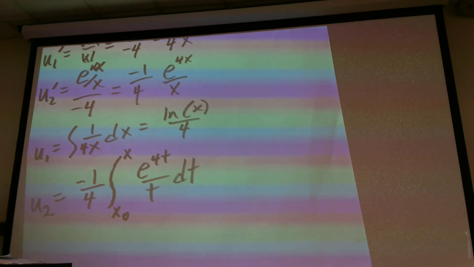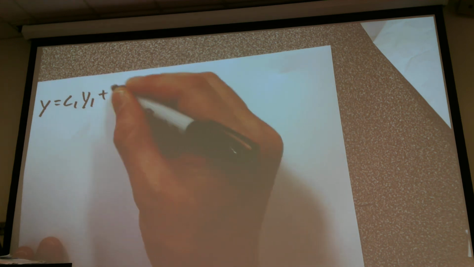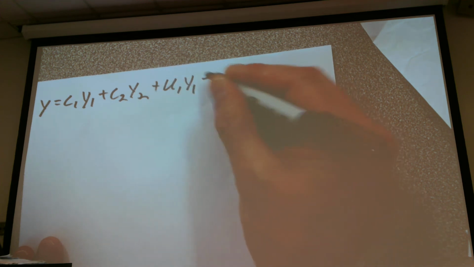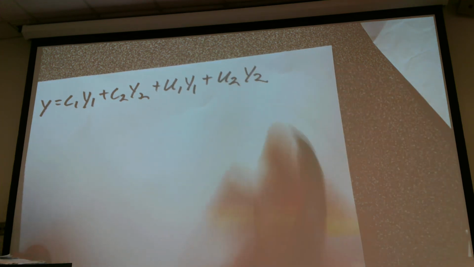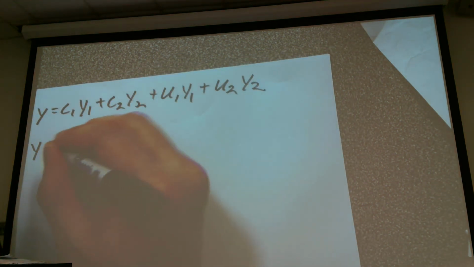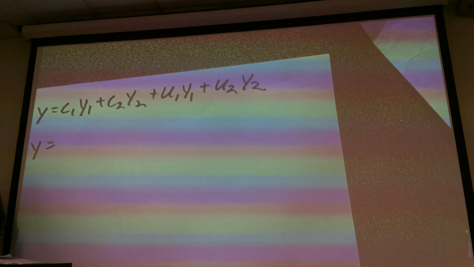Let's go ahead and piece all of this together. So remember that y equals c1 y1 plus c2 y2 plus u1 y1 plus u2 y2. I'm going to write this on two lines just so I'm not jamming everything together.